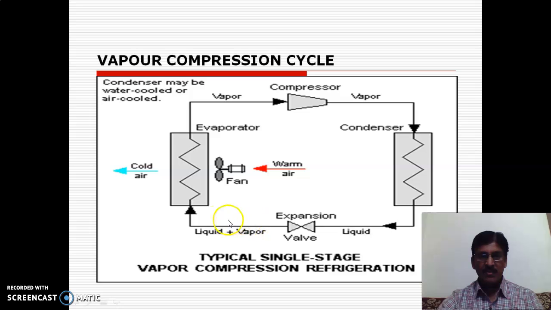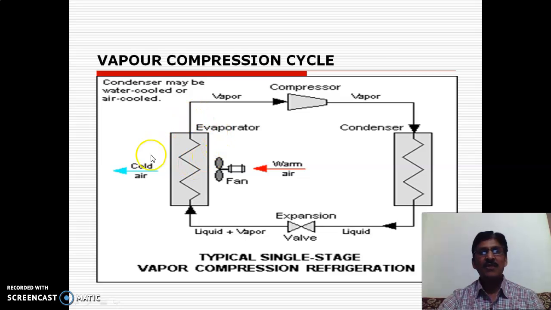This liquid plus vapor refrigerant then goes to the evaporator, where we require the cooling effect. The liquid plus vapor refrigerant coming into the evaporator is totally converted into vapor form by taking heat from the space where we require the cooling effect.